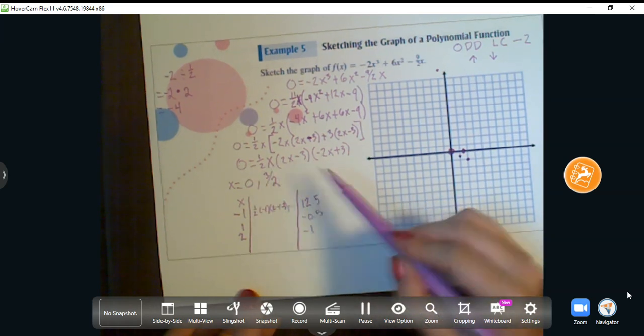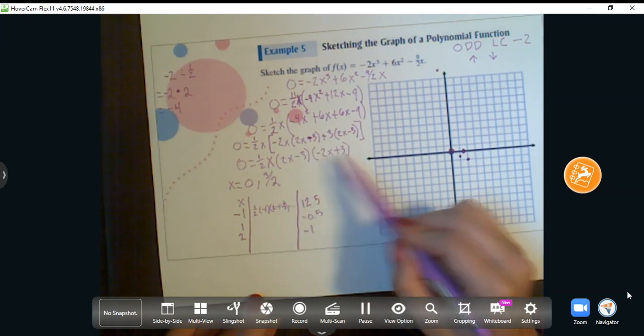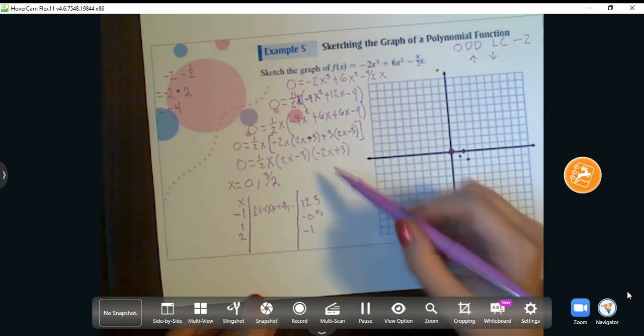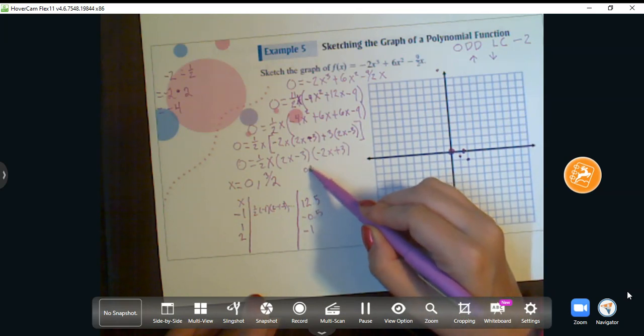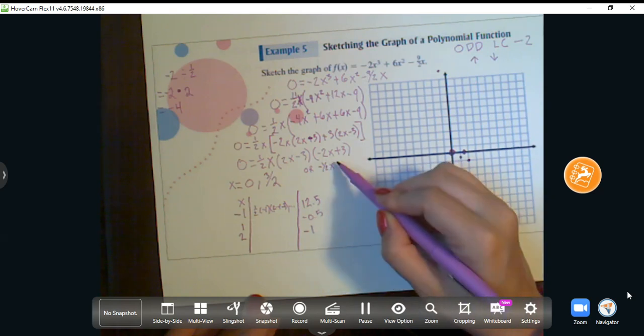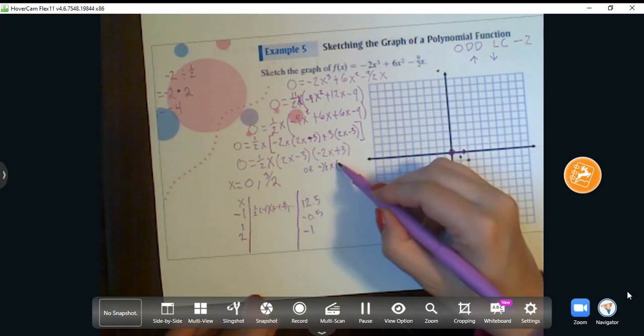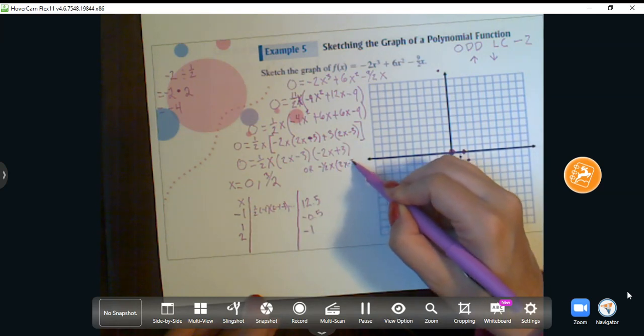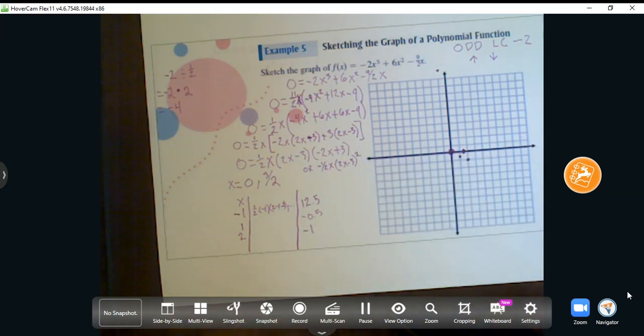However, if we went ahead and factored out a negative from this one, the other way this could be written would be -1/2 x. Then this would become 2x minus 3, so we would get 2x minus 3 quantity squared, which is why we ended up getting 3/2 twice.